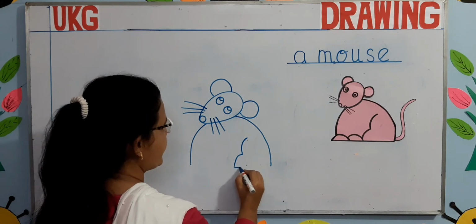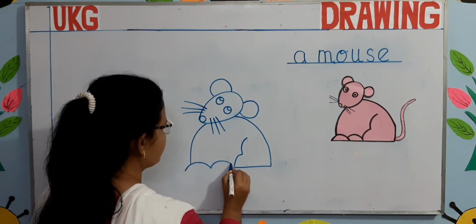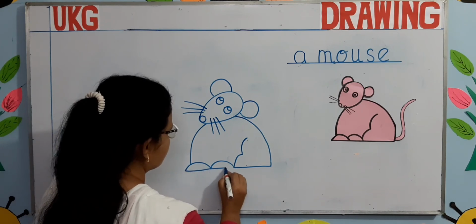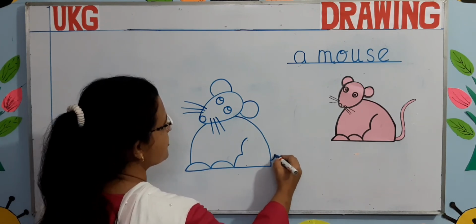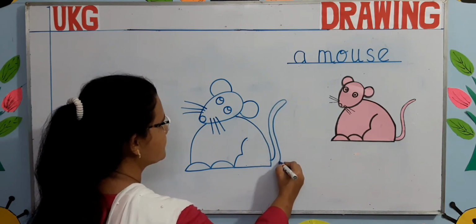These are its legs. And now its long tail. A mouse has a long tail.